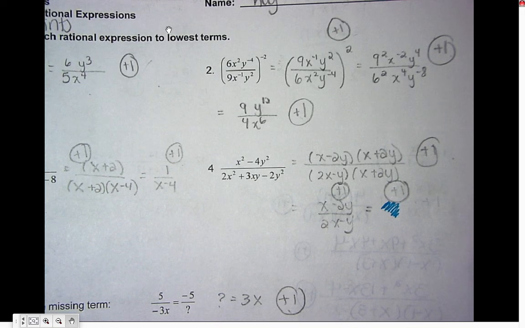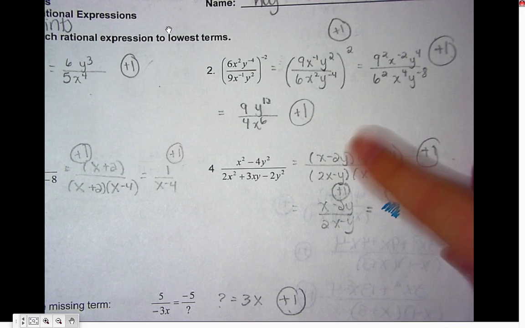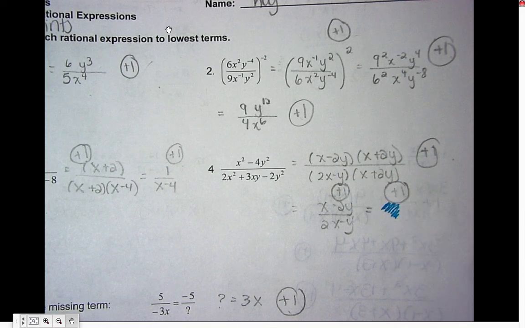When you factor that numerator as perfect squares, you could factor your denominator using AC grouping. Right off the bat, x plus 2y over x plus 2y, that simplifies. But some people said this was also the additive inverse. If it was x minus 2y over 2y minus x, yes, that would be the additive inverse. But the variables also switched as well, so that would not be the additive inverse.